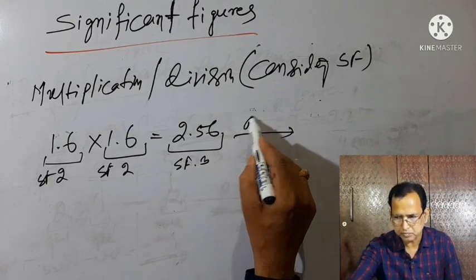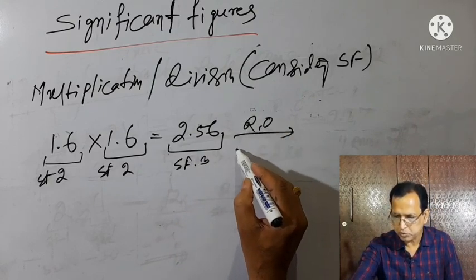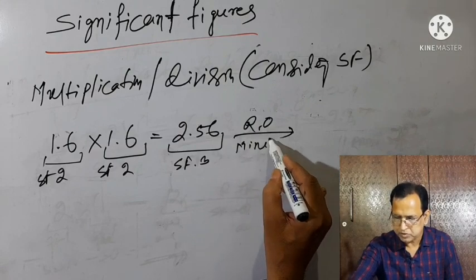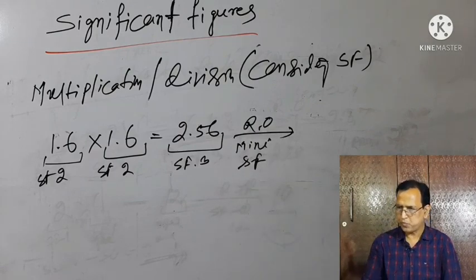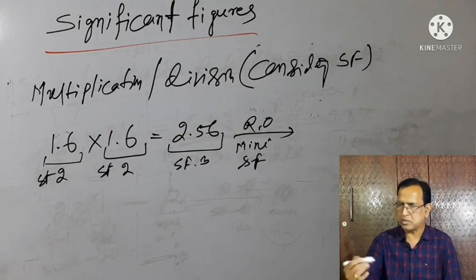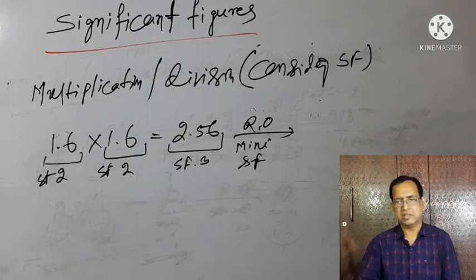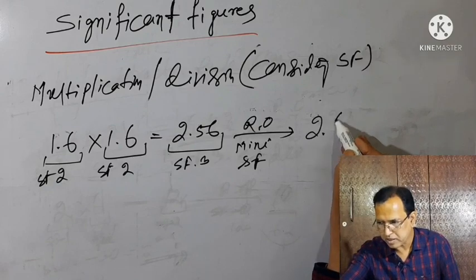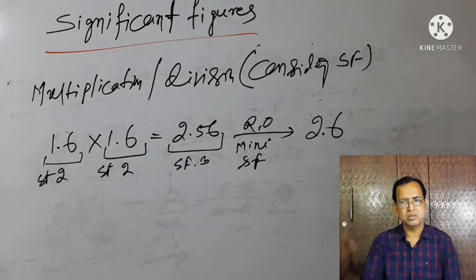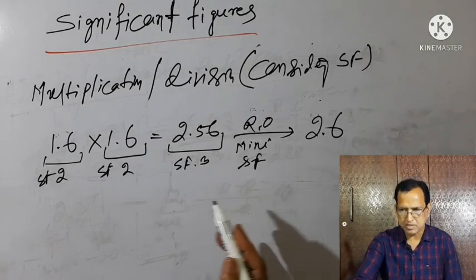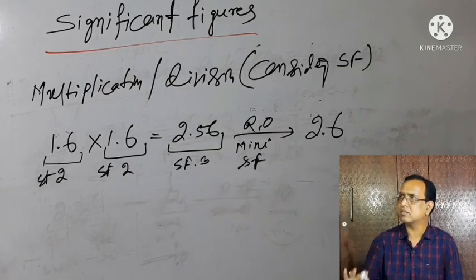Round off up to the minimum significant figure, which means 2. But the answer is not 2.5. The answer is 2.6, from 2.56.